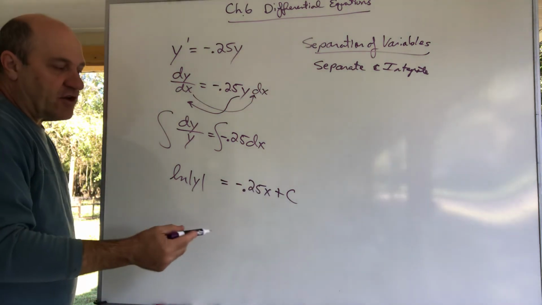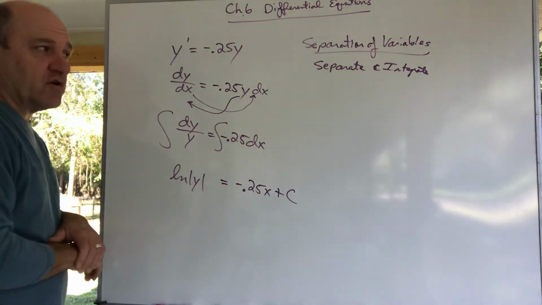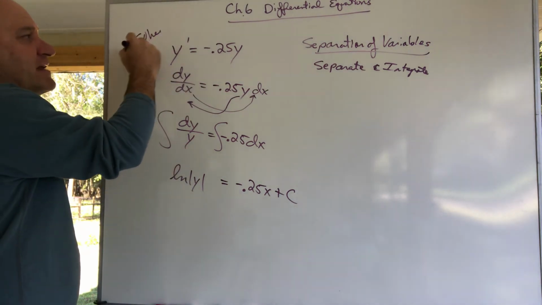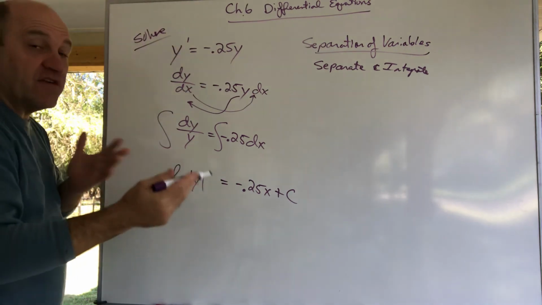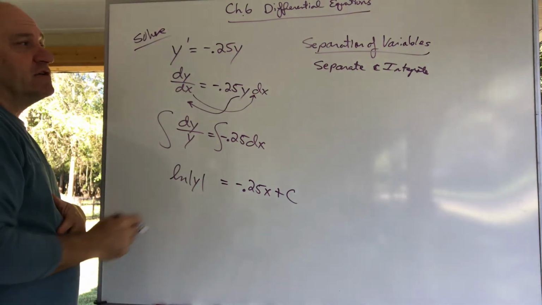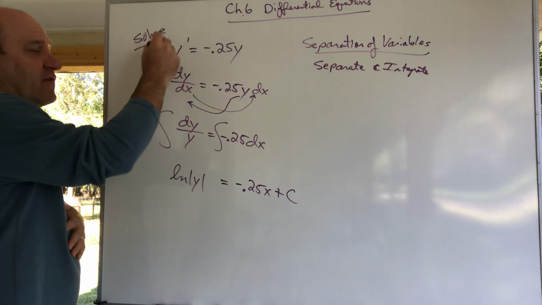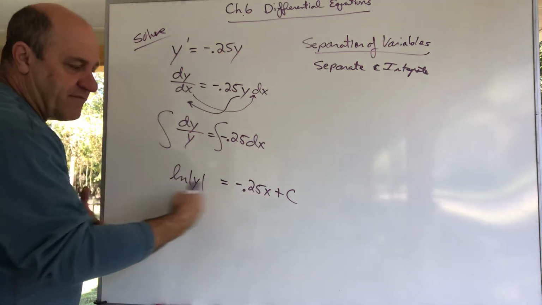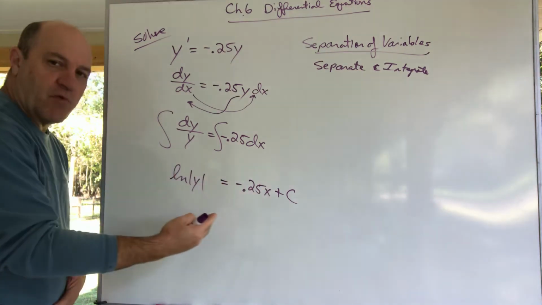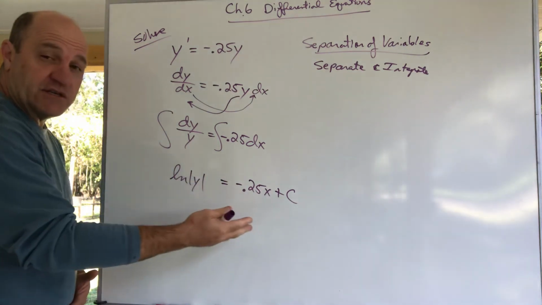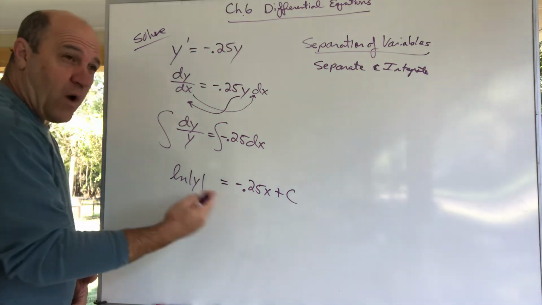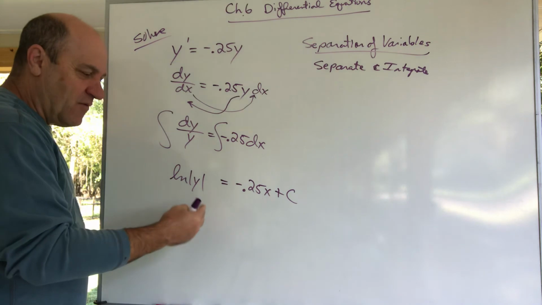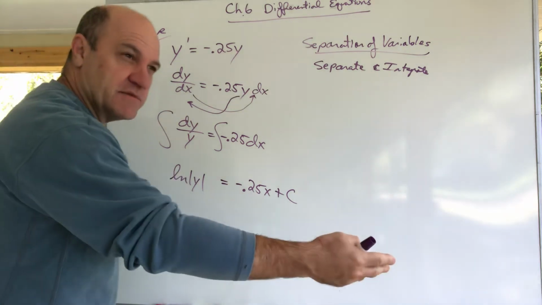Well, that's it. In a way, we solved the differential equation. That's what we're trying to do, and what that means is find the function y. Now, we have the y and x relationship. Right now, it's called an implicit relationship. What we'd like is y all by itself, an explicit relationship, so we want y explicitly in terms of x.